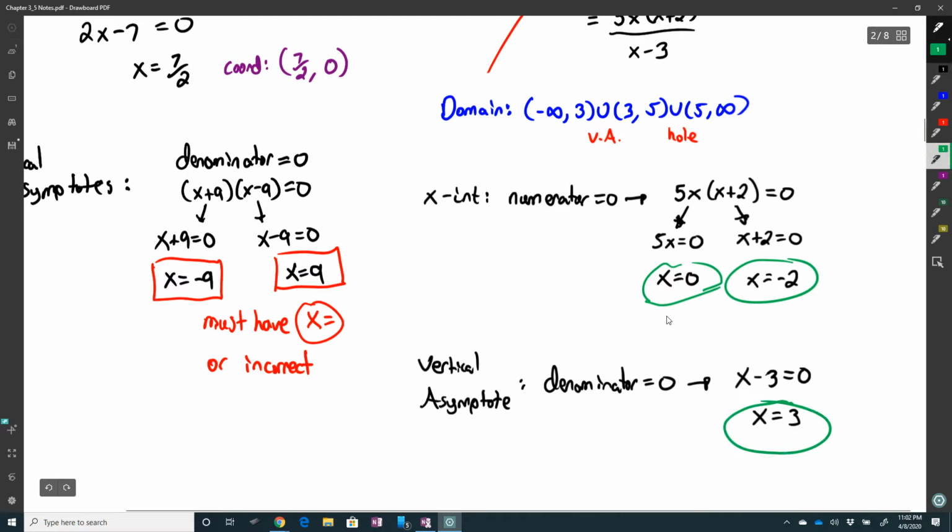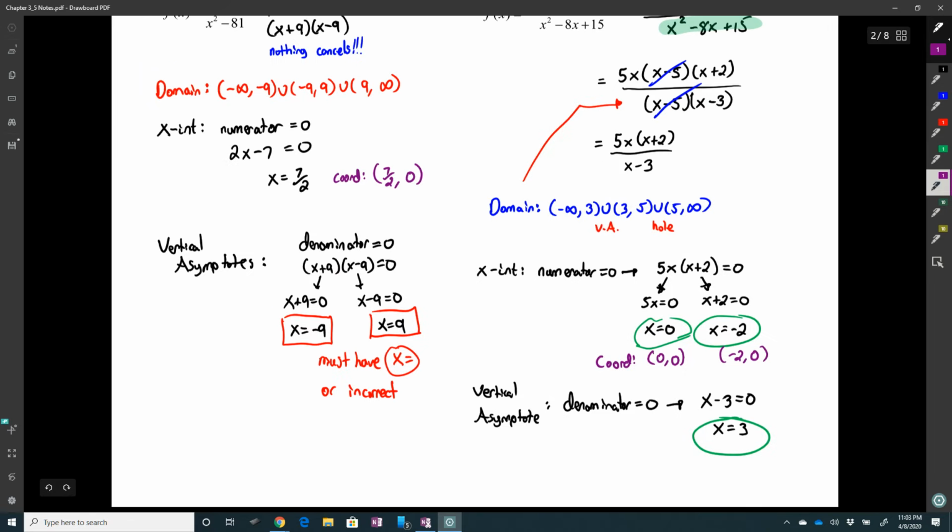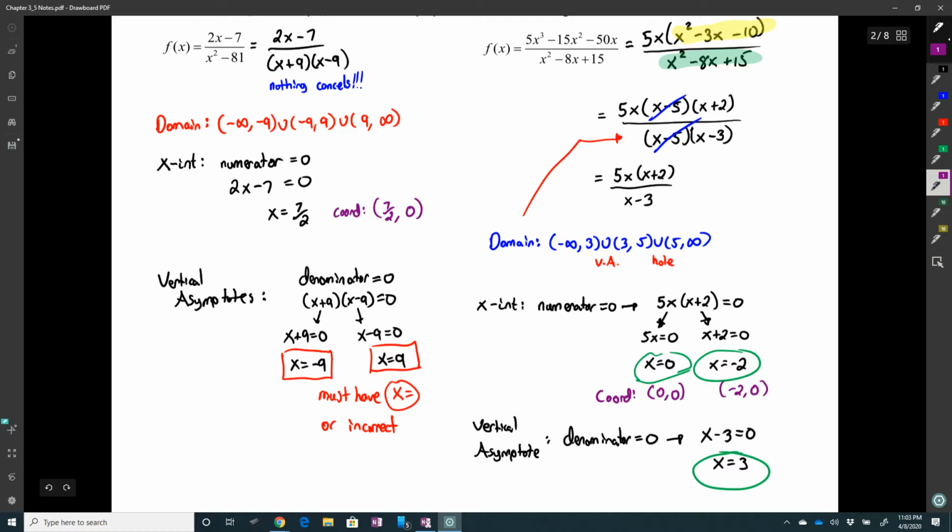That's the vertical asymptote. These are coordinates, so if you wanted to write the coordinates for the x-intercepts, it would be 0, 0, and negative 2, 0. Yay! Hopefully if you have any questions about that, let me know.